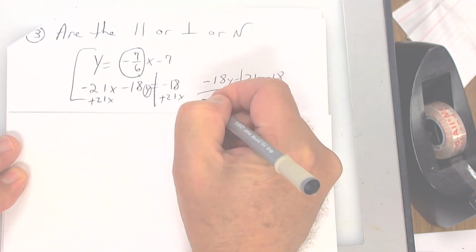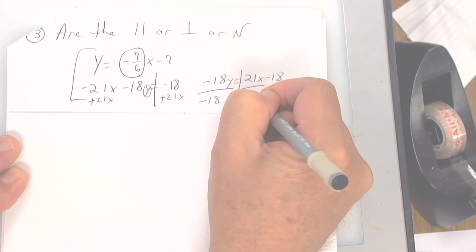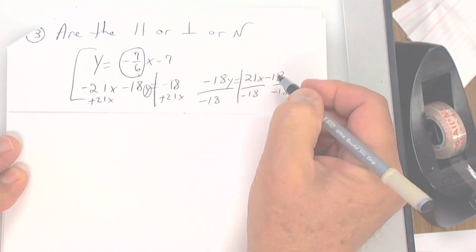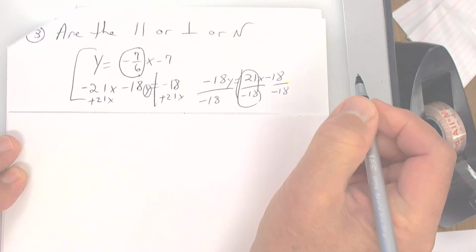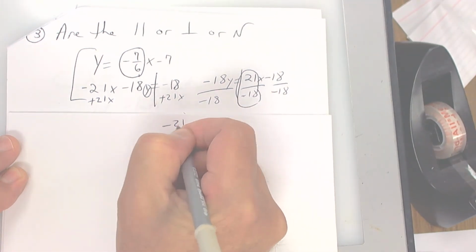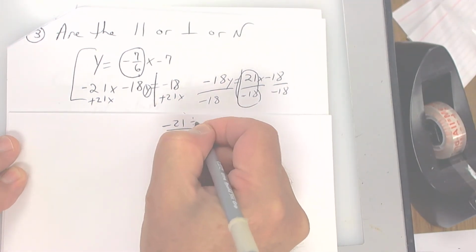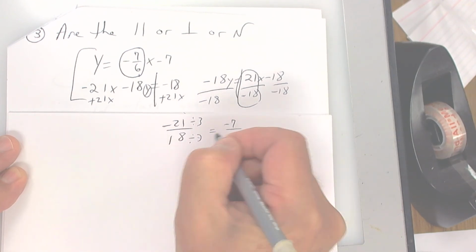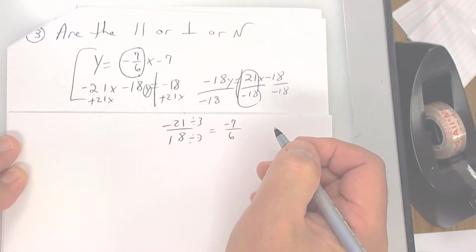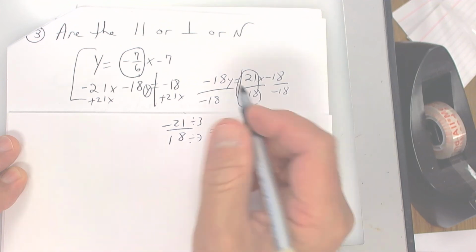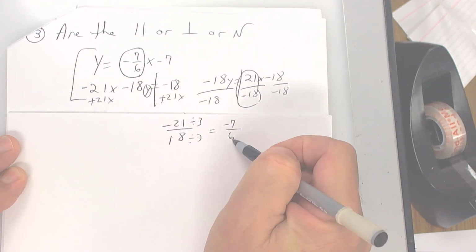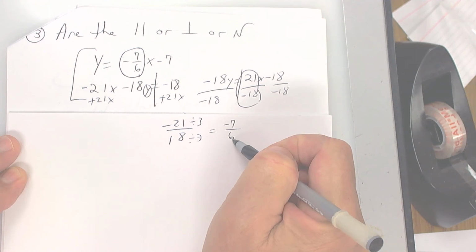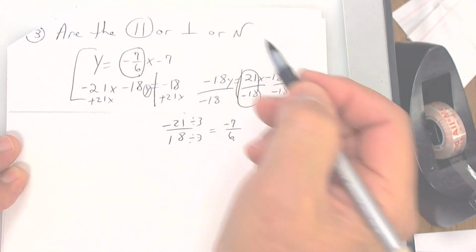Then you're going to divide by negative 18. The only thing you want is this. So take the negative and put it at the top. Divide by 3, we're going to reduce it. When you do, you get negative 7 over 6. Well, that's the same as this. So they're parallel. So your answer is parallel.